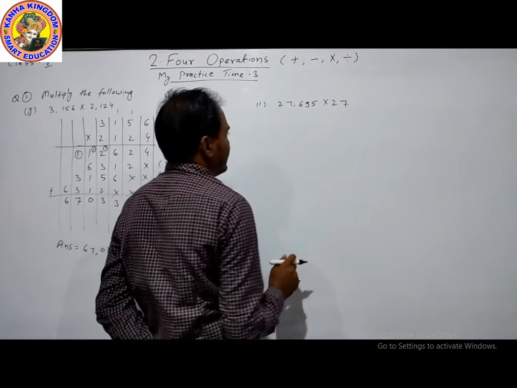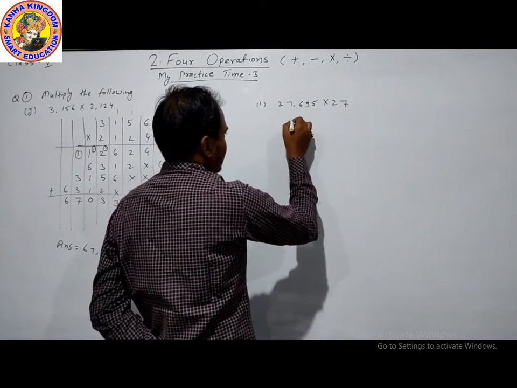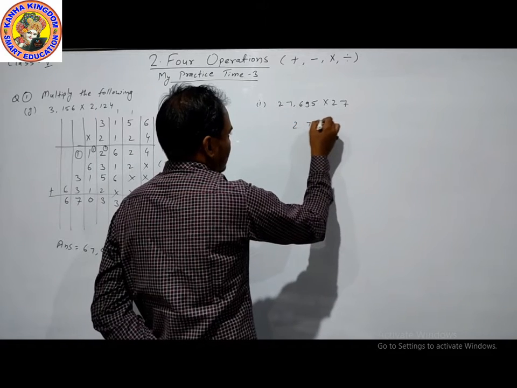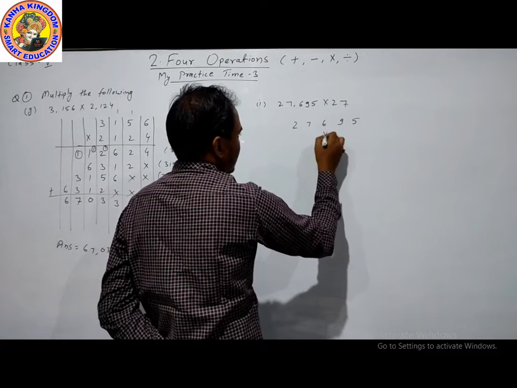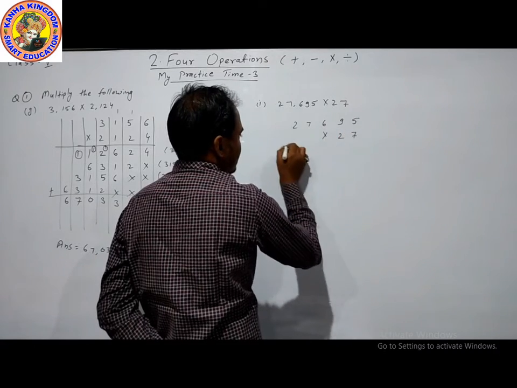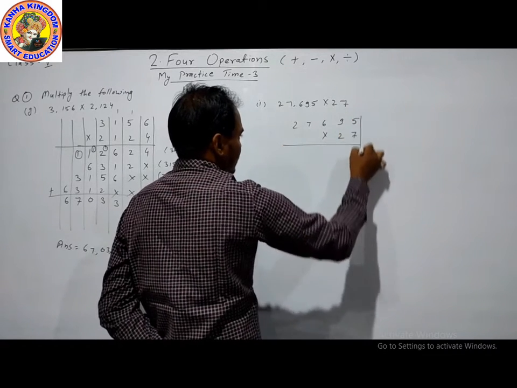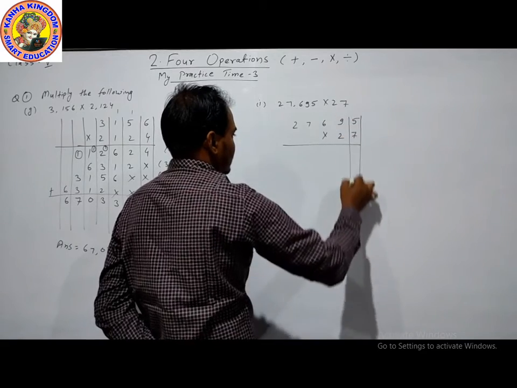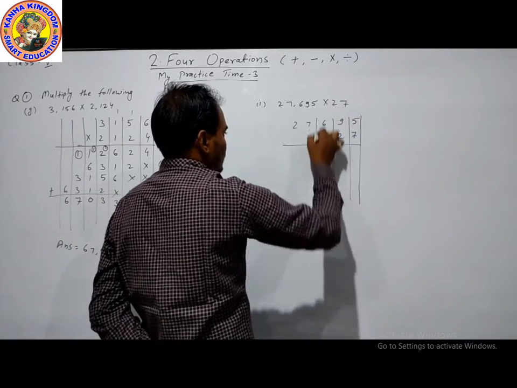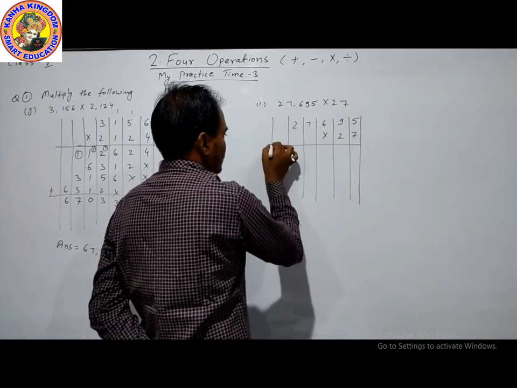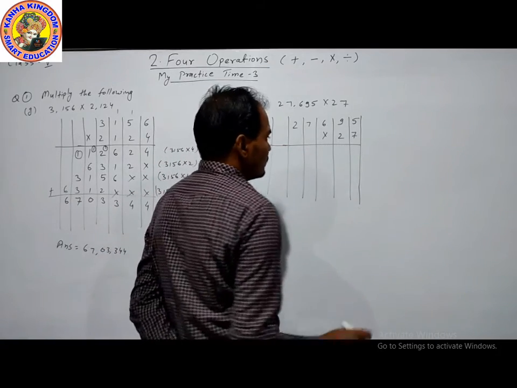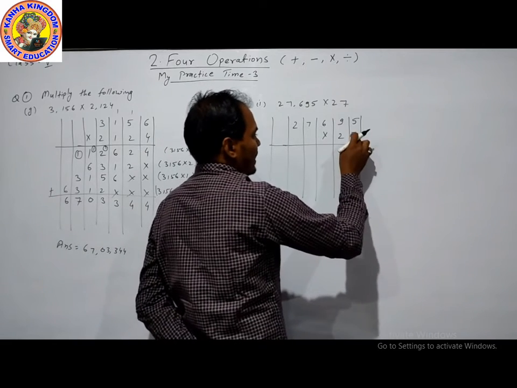Now attending part I. Part I is 2, 7, 6, 9, 5 multiply by 27. We will draw a table. Now we will multiply.